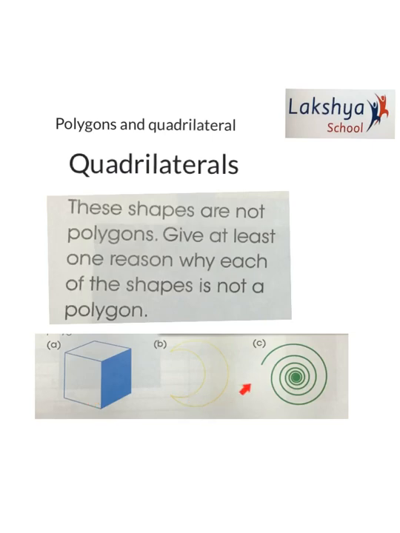B. This is not a polygon because it does not have straight lines, and a polygon needs to have 3 or more straight lines. Even C is not a polygon because it does not have 3 or more straight lines and it is not a closed shape.